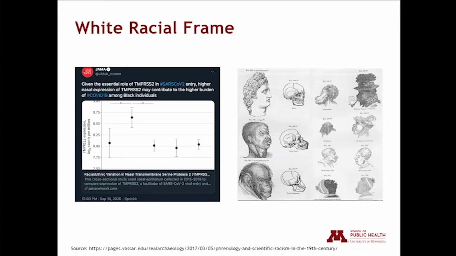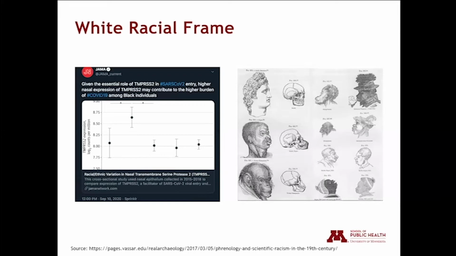And so, although it's easy to think about these ideas as antiquated and linked to practices like phrenology, which tells us head shape allows us to see that Black people are inferior to folks from the Caucasus or of European descent, we often see very similar ideas, influenced by these old notions of Black physical or mental inferiority, presenting themselves in contemporary research.